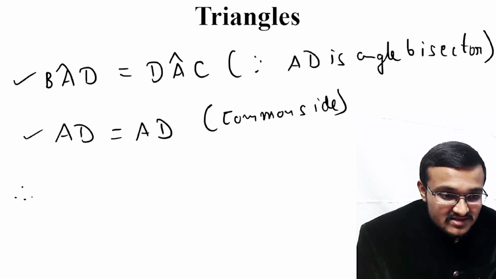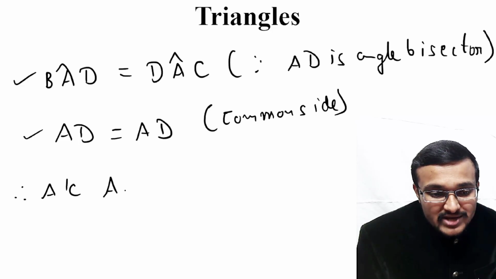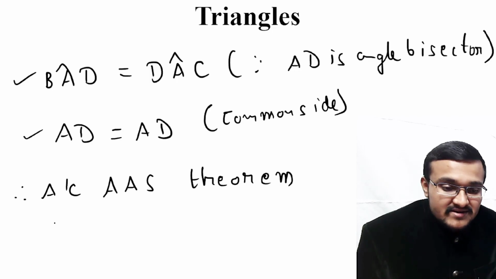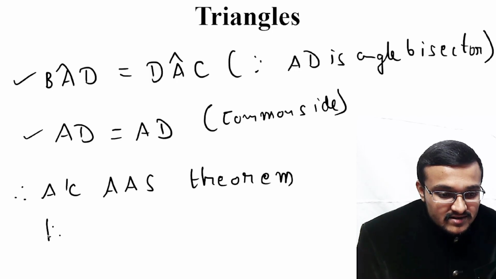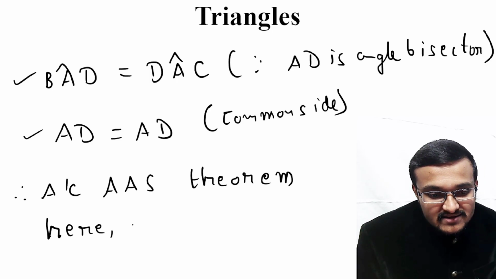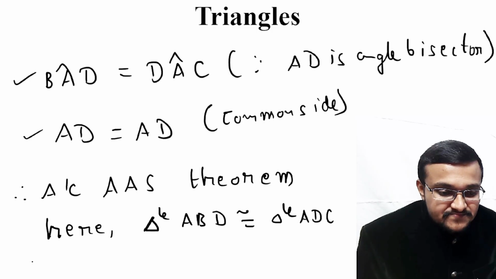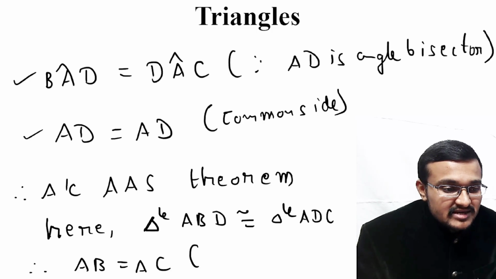Therefore, according to the angle side theorem, triangle ABD is congruent with triangle ADC. So therefore AB will be equal to AC.